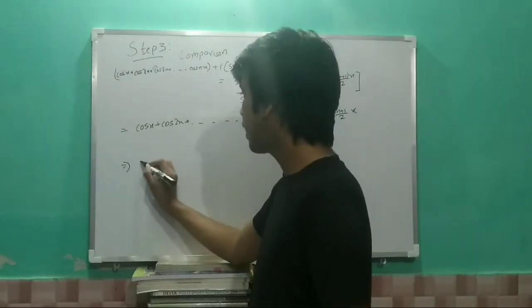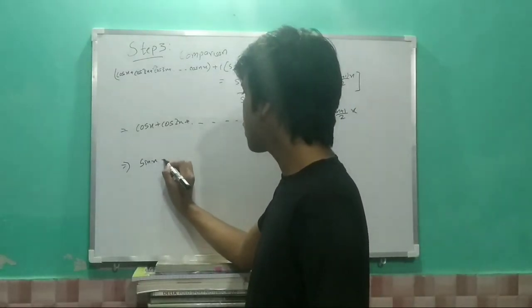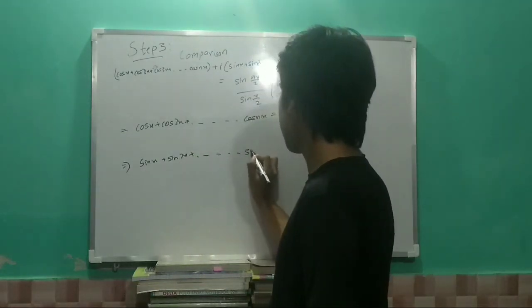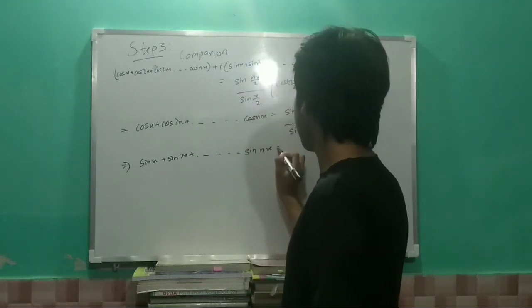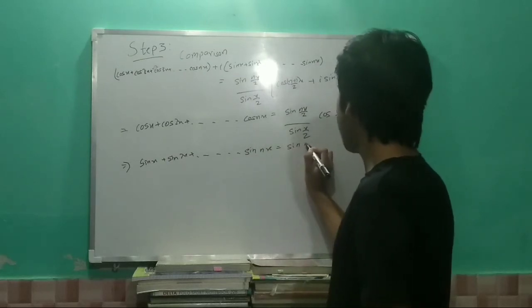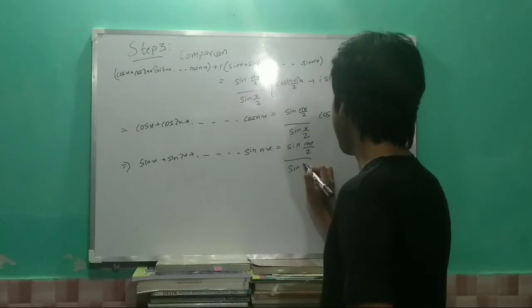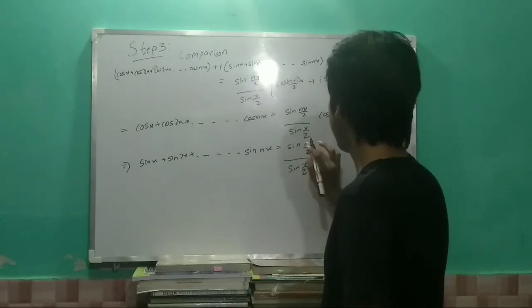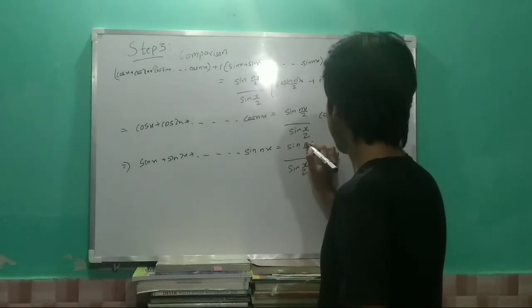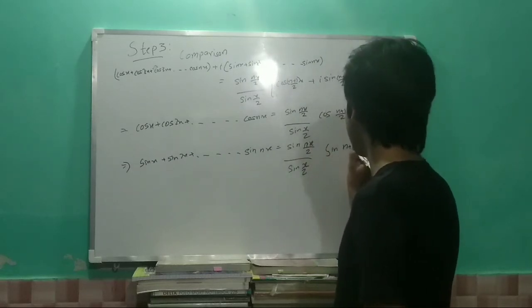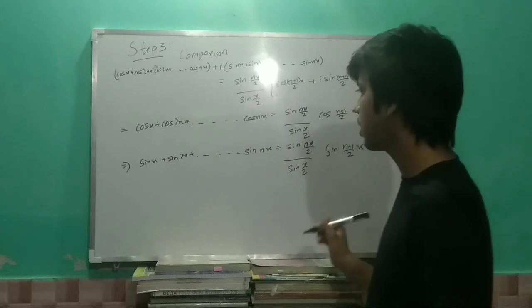And second thing, sin x plus sin 2x plus ... sin nx is equal to sin nx by 2 over sin x by 2 into sin of (n plus 1) by 2 into x.